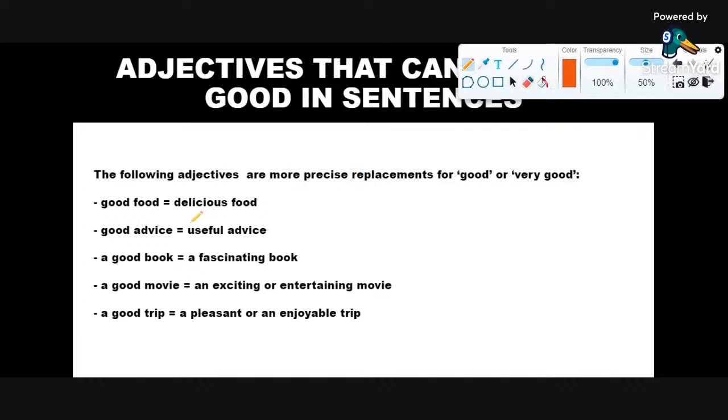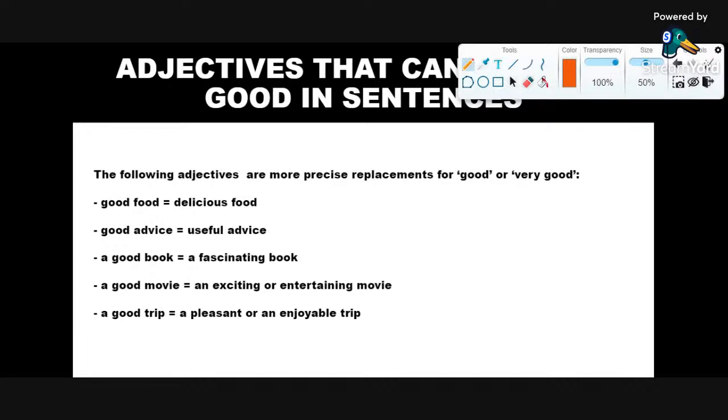All right? Now, the word good is often used in a general sense. And some scholars have argued that the word good has been so frequently used that sometimes it tends to lose its value. And sometimes we use good to describe something, and then the description becomes rather ambiguous because the word good can have different shades of meaning.